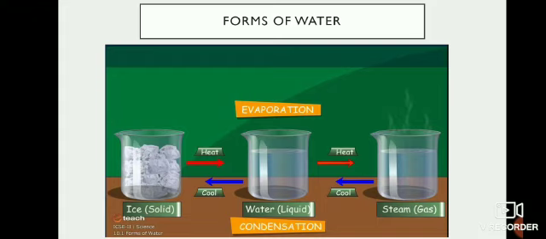That means we can change water into ice and ice into water. At the same time, we can change water into steam or gas, and then from steam or gaseous form of water to liquid form of water. So we can say that these three forms are interchangeable.